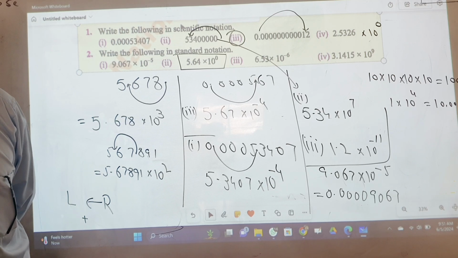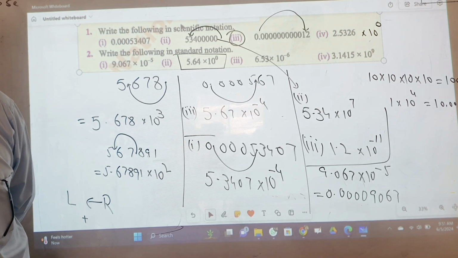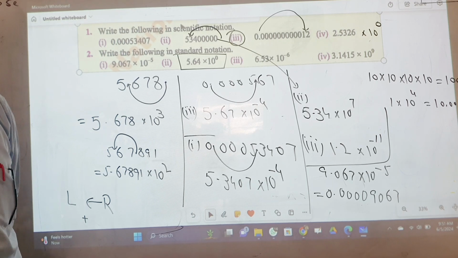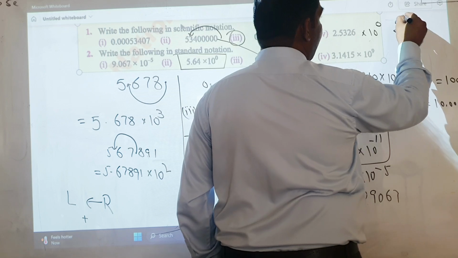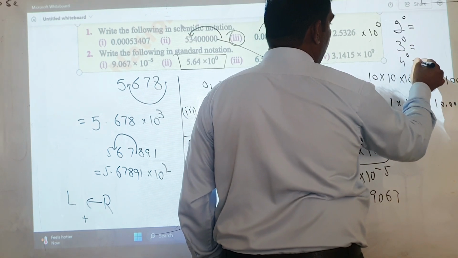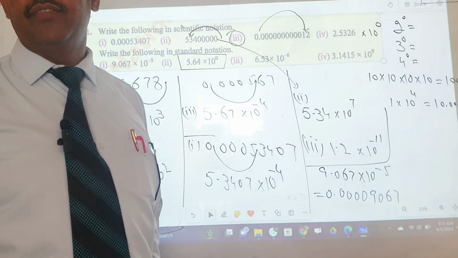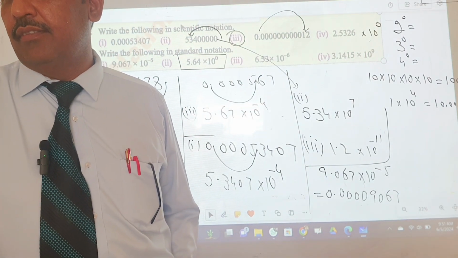Any number whose power is equal to 0, what is the answer of that? No, for example, I am asking, you are not understanding my question. What is the value of 2 exponent 0, 3 exponent 0, 4 exponent 0? What is their answer?